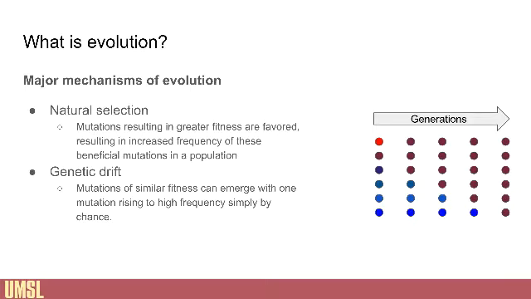So at the other bookend of what can happen for why you end up with genetic variation in prokaryotic populations, you end up with fixation of alleles that do nothing, a concept known as genetic drift. And so mutations of similar fitness can emerge simultaneously, with one mutation rising to high frequency simply by chance. And so this is just luck of the draw. There's just this one particular mutation that just floated around, had no particular benefit, but eventually fixed in the population.